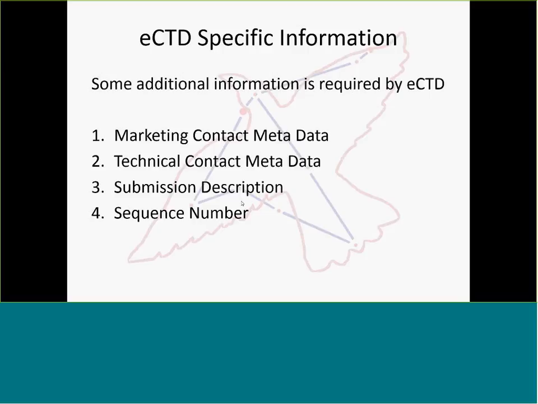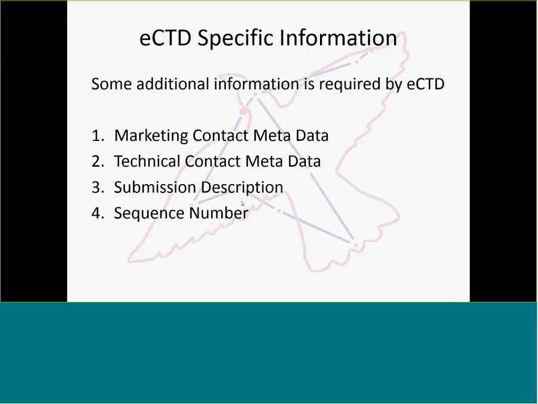And you'll need to determine a marketing contact person. This is the name, email address, and phone number of the person the FDA should call if the FDA has any questions on your marketing materials submitted in this sequence. With the technical contact, this would be whoever had created your eCTD in the first place.